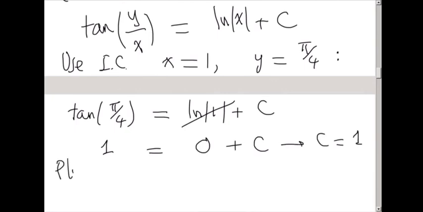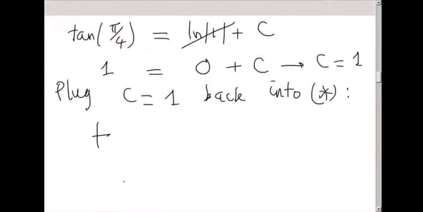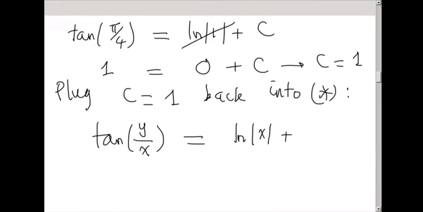And then we plug c equal to 1 back into the above equation in order to solve for the unknown y, which we are looking for. So we get tangent of y over x equal to natural log of absolute value of x plus 1.